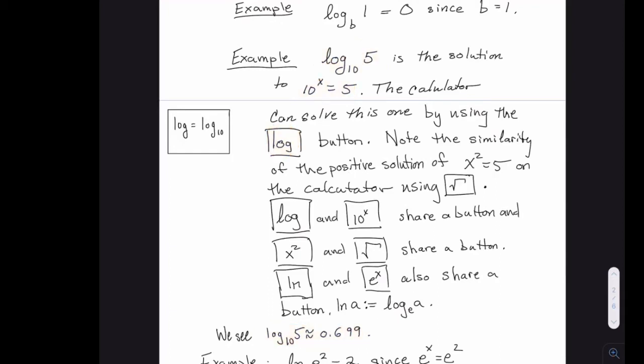Okay, and I want to point out some other similarities on your calculator. Like I pointed out just a moment ago, these two share a button, and also these two share a button. So that leads me to say that natural log of a is equivalent to log base e of a.